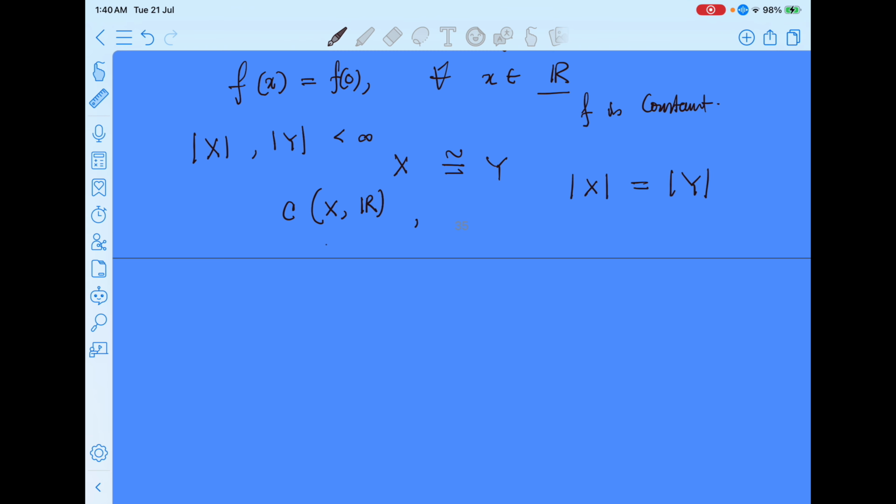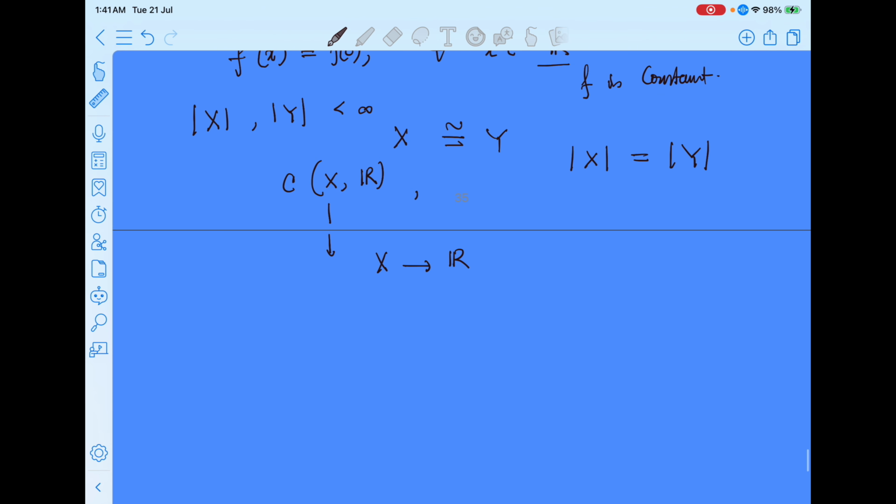And the collection of continuous functions from x to R, any function is continuous, right? So what is the number of functions from x to R? You can write C of x comma R as an R vector space, is isomorphic to R^x, right?